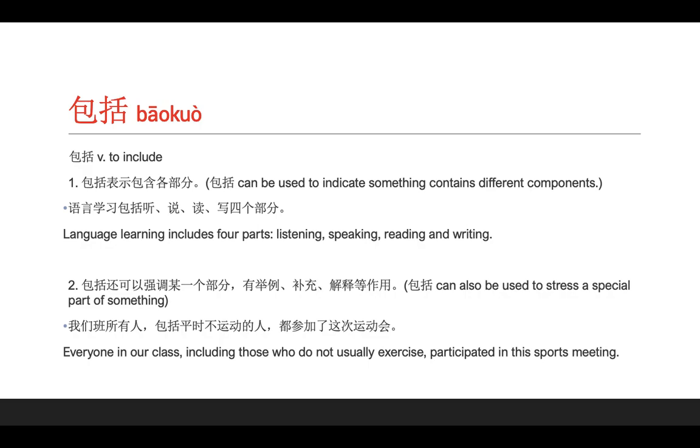So here, when you use including those who do not usually exercise, it is firstly to say that these people are included in the everyone who participated in this sports meeting. And the second usage is that you are using it to stress that even those who do not usually exercise, they even go to the sports meeting. So this is the second usage of 包括.